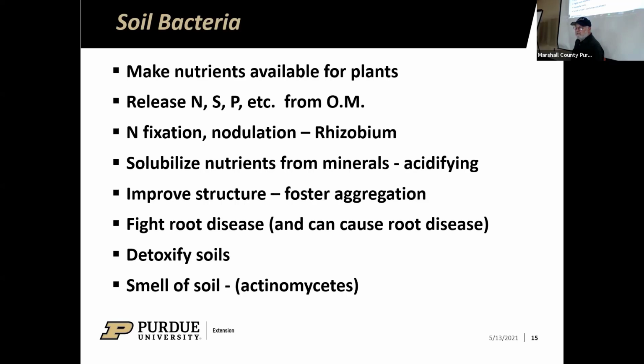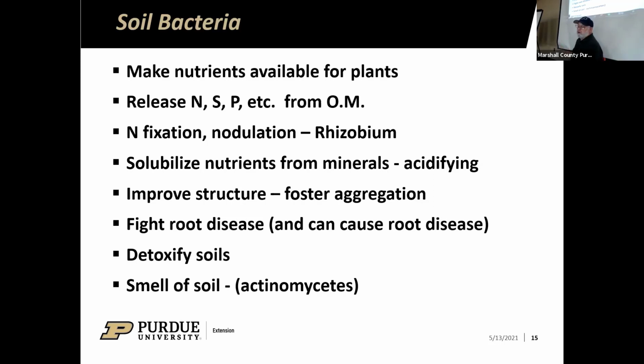By having a healthy soil with active organic matter, we can have them helping us to fight root diseases. One way that a pesticide applied to the soil breaks down is by bacteria. In fact, as we use the same type of pesticide repeatedly over soil, we tend to develop a population of bacteria that will decompose or break down that pesticide, and also detoxify other compounds in our soil.